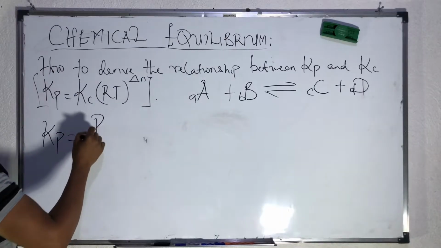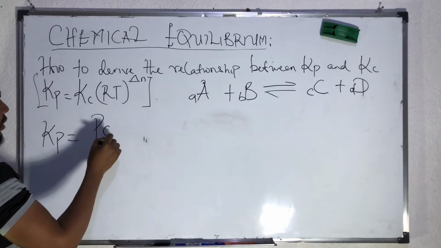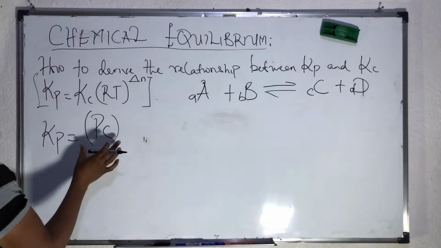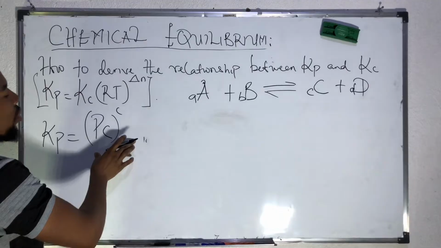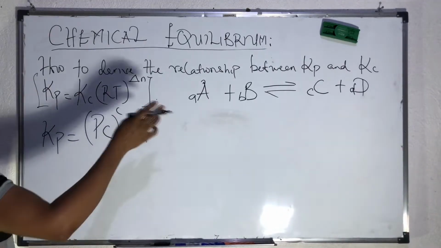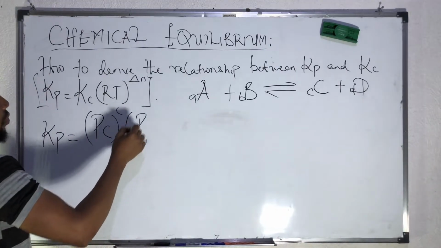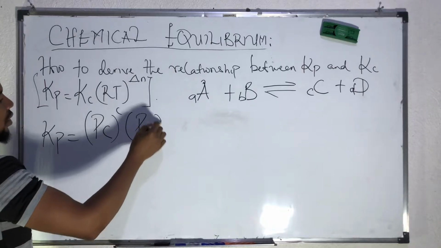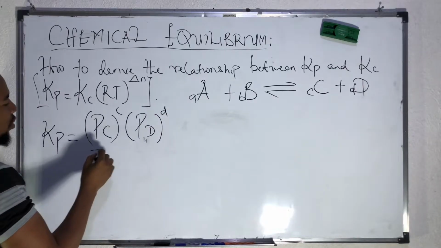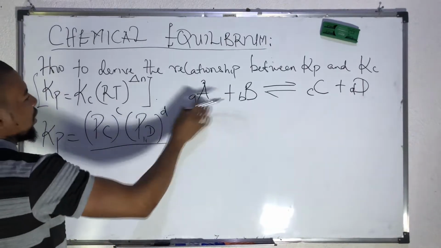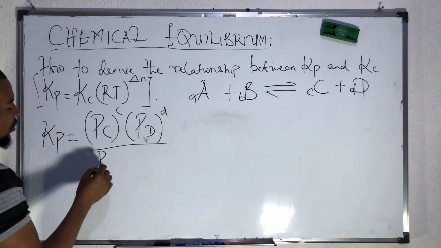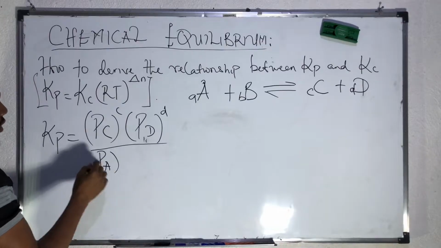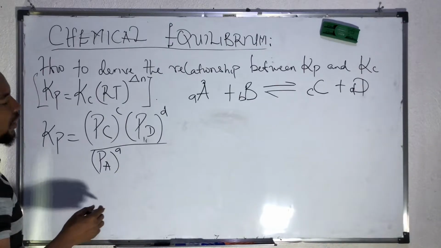Now let's write our Kp expression for this. For this first one, we have partial pressure of C, right? If you write it this way, you raise it to the power of its stoichiometric coefficient. The next one, we have partial pressure of D raised to the power d, over. Now let's pick the reactants. We have partial pressure of A raised to the power a.